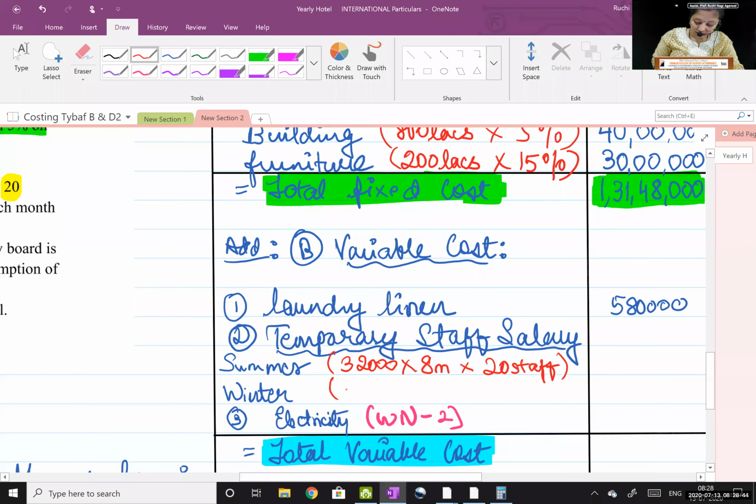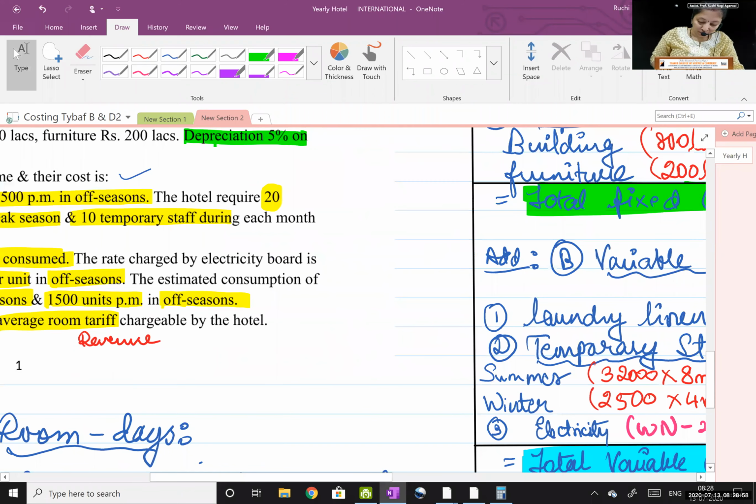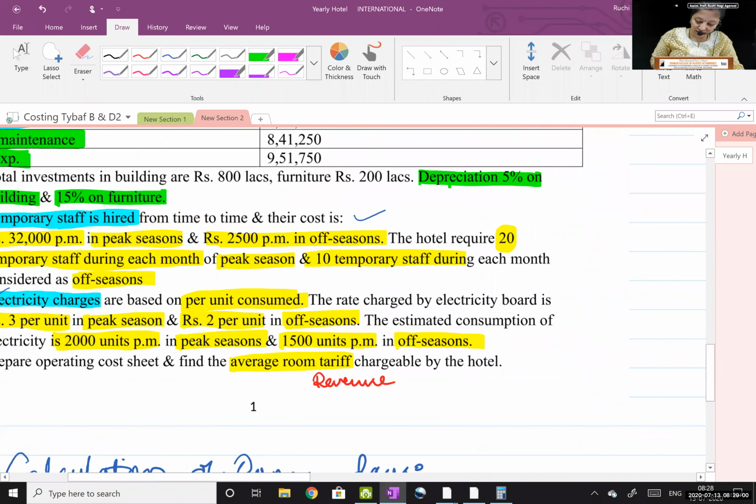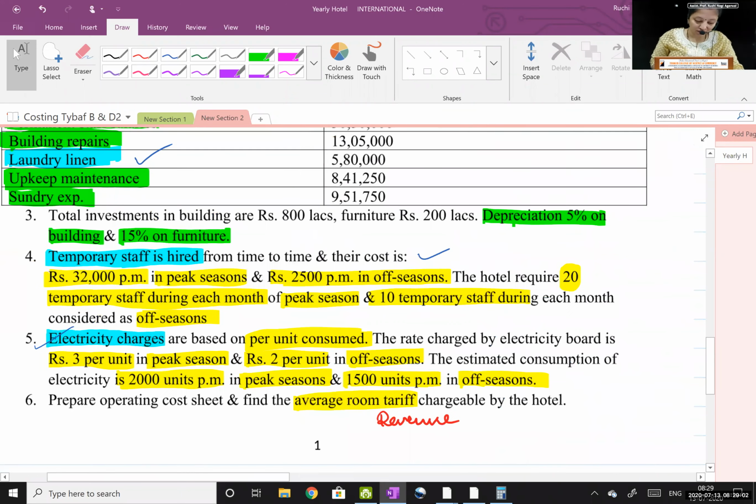And winter के लिए it is 2,500 per month into 4 months into 10 staff. I need 10 staff during my winter season. See, it's given in the question.